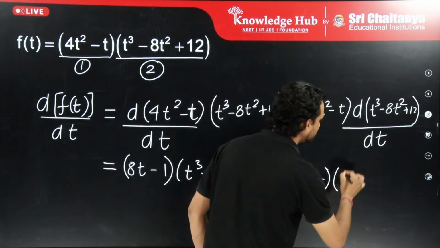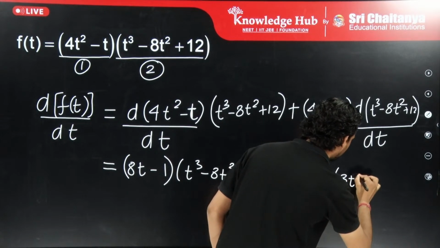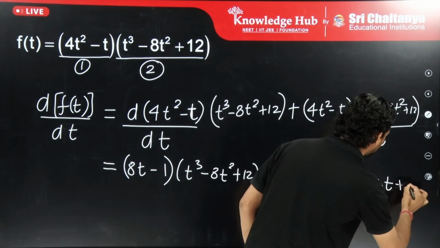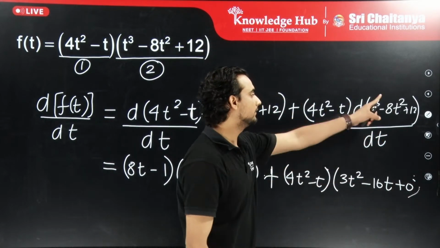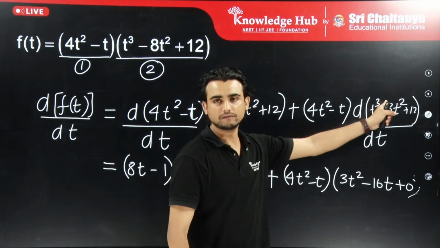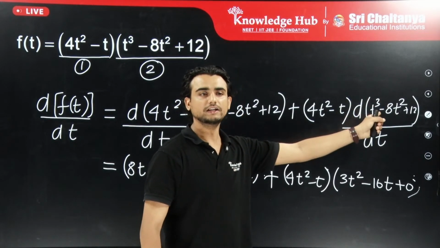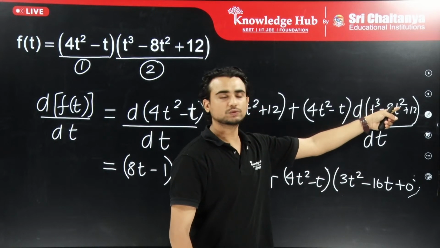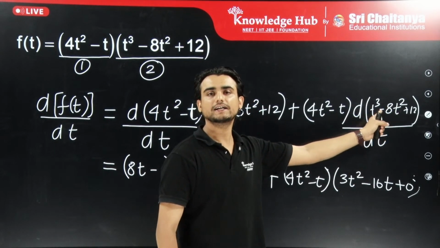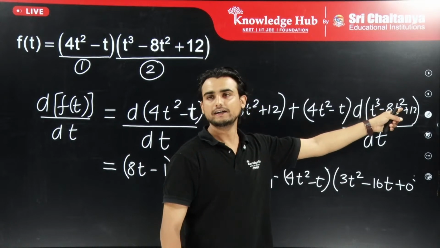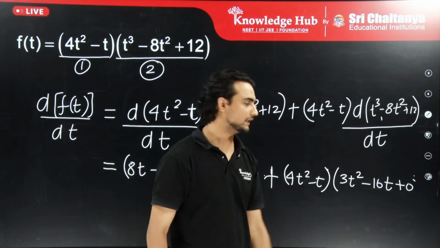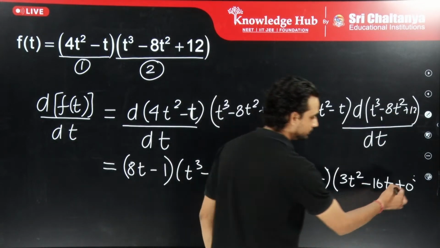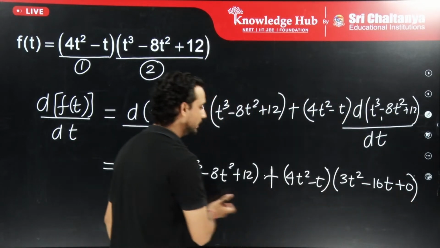My second function is 3t square minus 16t plus 0, right? This 3 will come forward and I'll subtract 1, so I'll get 3t, 3 minus 1, that is 3t square. Minus 8t square, this 2 will come forward, so I'll get 8 into 2, 16, and t raised to 2 minus 1, that is t. Plus differentiation of a constant 12 is 0, right? So this is my final answer.